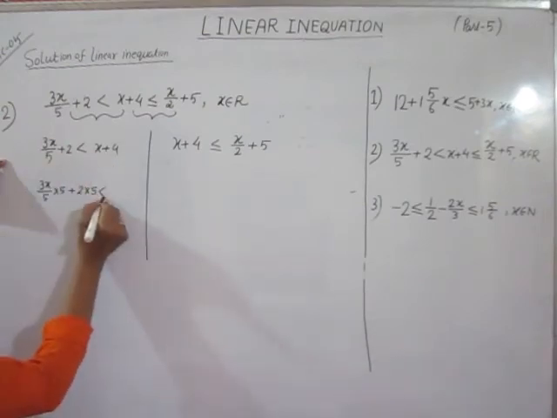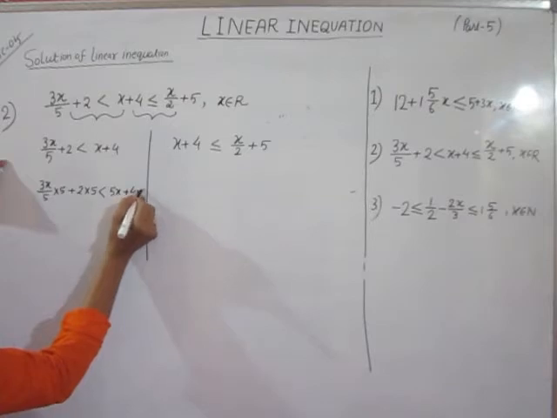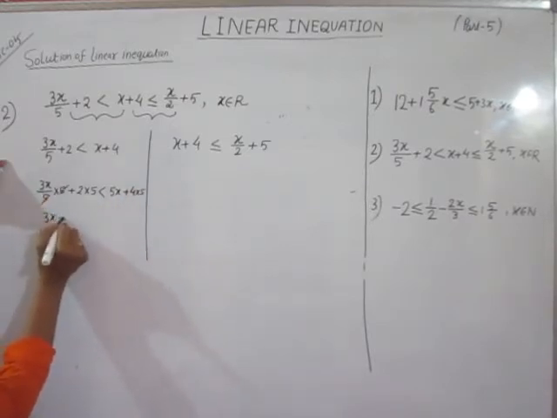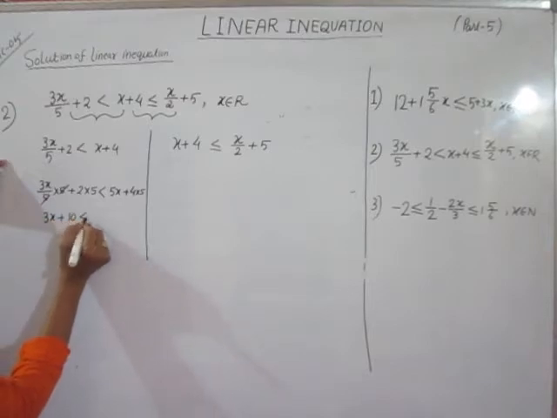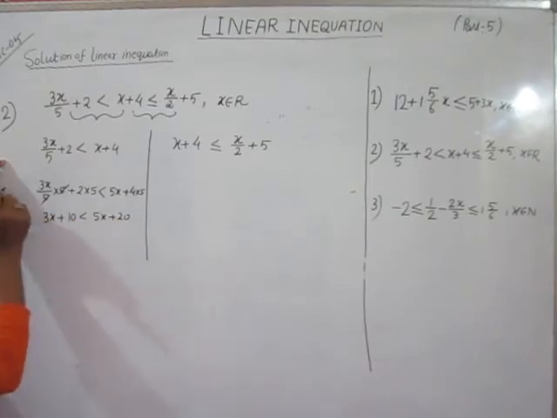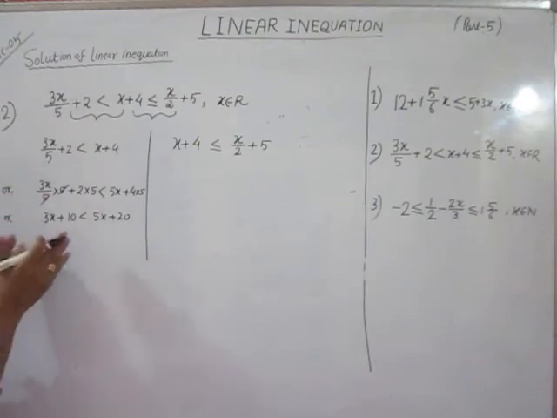So it will be less than 5x plus 4 into 5. So 5 cancels, 3x + 10 < 5x + 20. Now this is the first step, removing the fraction.